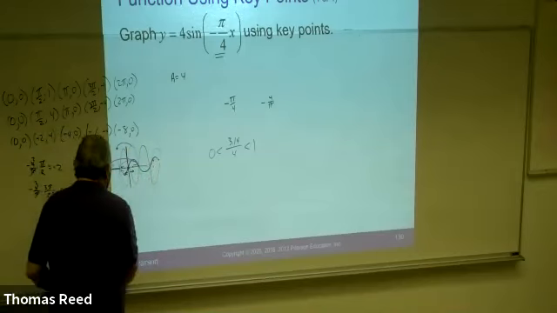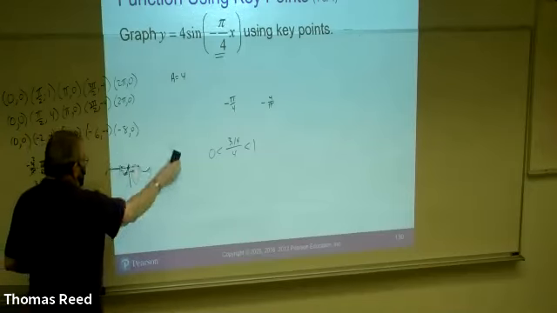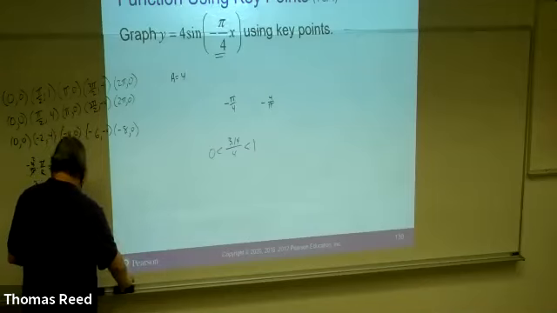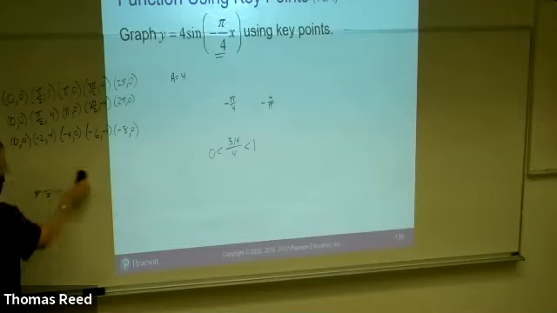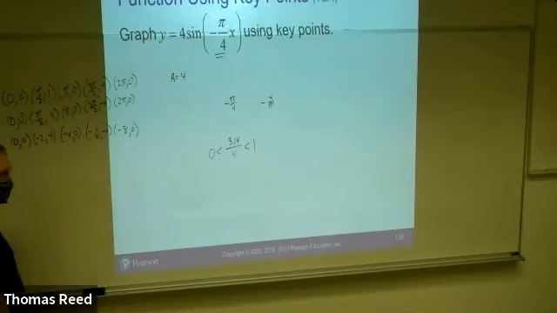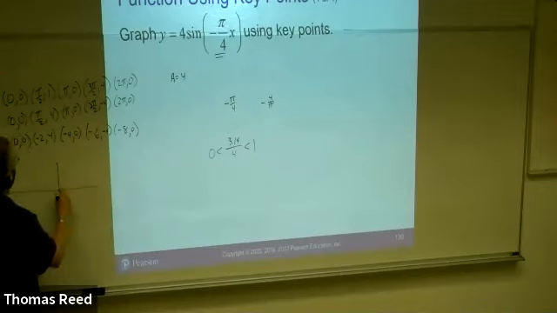Their pictures look nicer than mine, but that's why I like to do it this way. I like to list the key points, and then what happens to each of the key points? So now we have 0, 0.